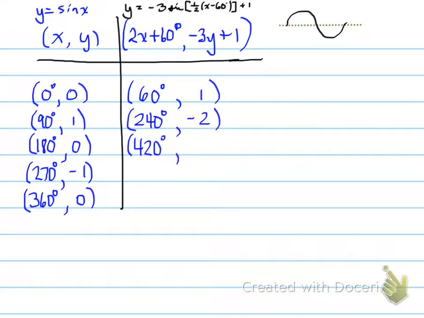Plug in the coordinates and you will get the following values. Once you get that, you can then look at the table to check that you've got the right answers. For example, you will see that from 60 to 780 is the difference of 720 degrees. So that is equivalent to 1 period.